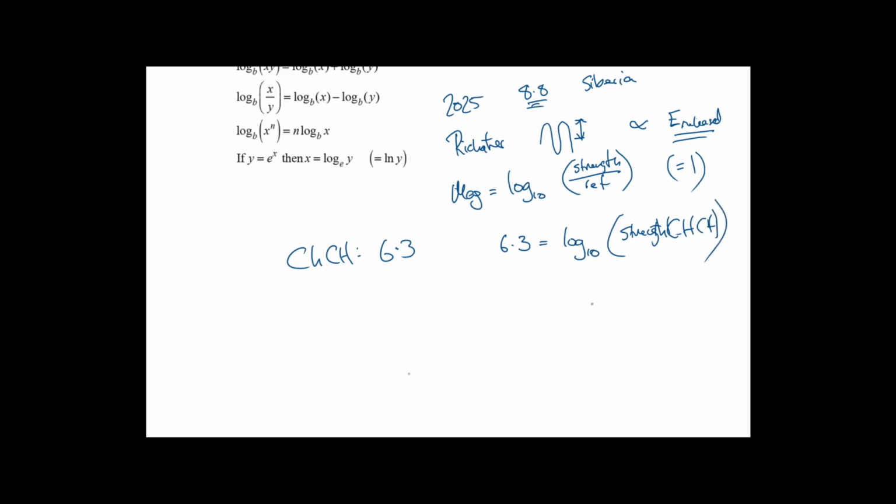Excuse my terrible handwriting there. So let's get rid of this base 10 business. So I'm going to make both of them equal to the power of 10. And these two are going to cancel.